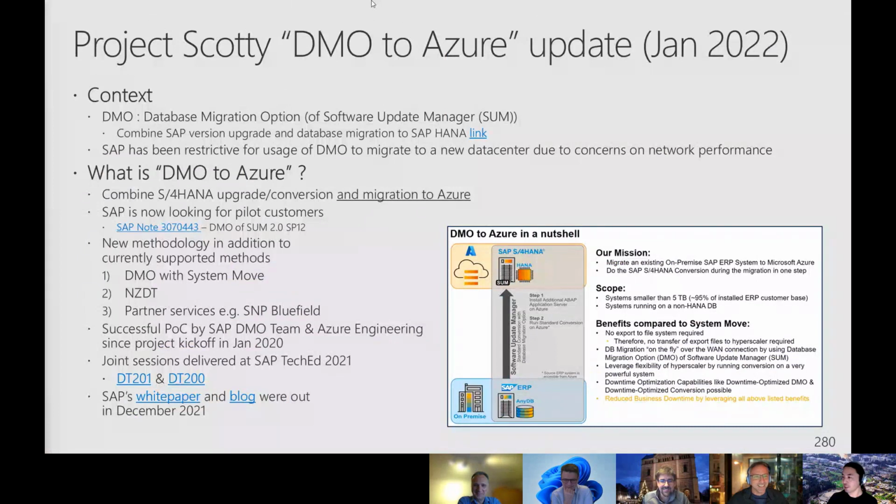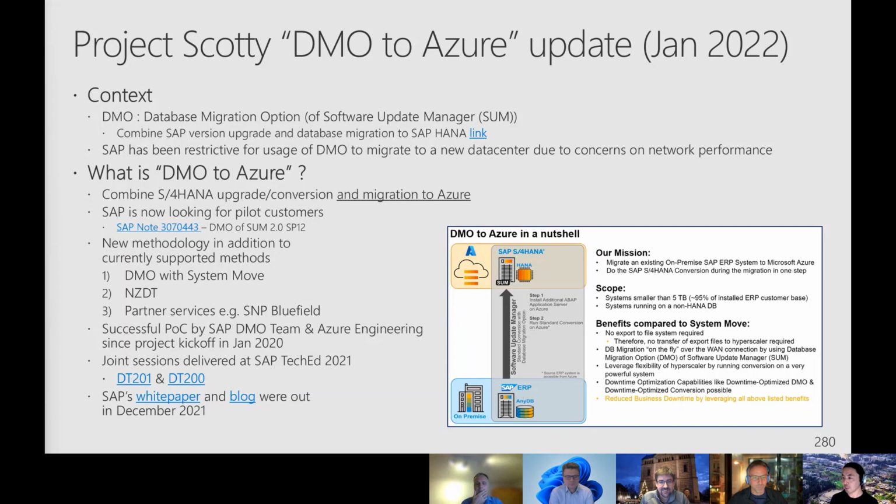Project Scotty is the code name; the official name is database migration option to Azure. So I'm bringing up one slide on this DMO to Azure update as of this month.